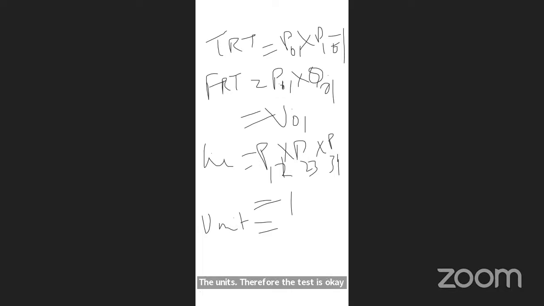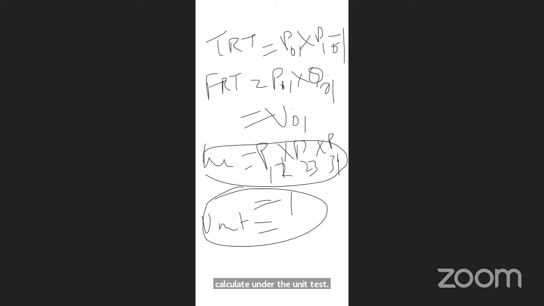There is no formula as such for unit test. These are the 4 consistency tests. Under the unit test and circular test, you don't have problems to prove; these you can only mention theoretically. But these 2 are supposed to always be given along with Fisher's ideal index numbers.